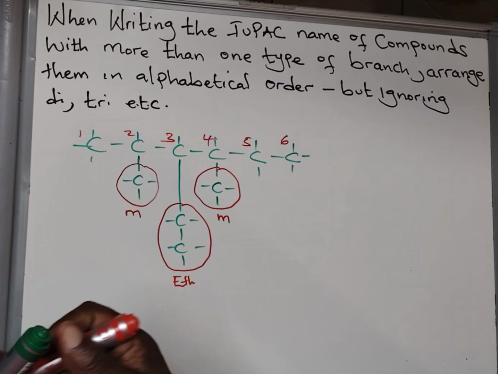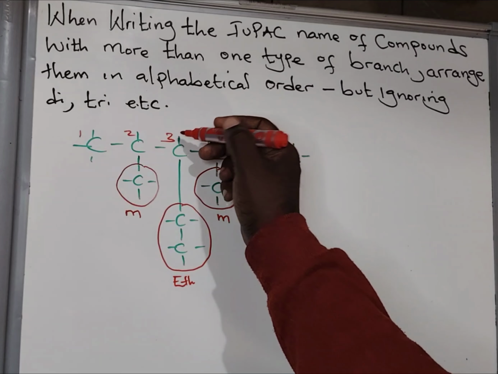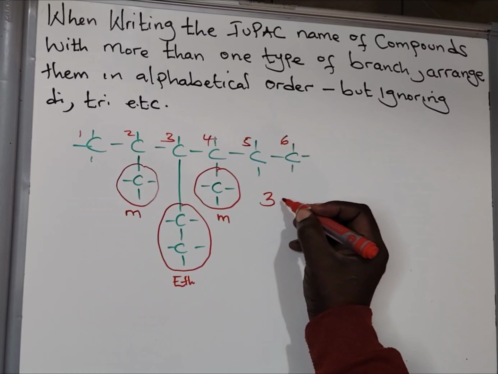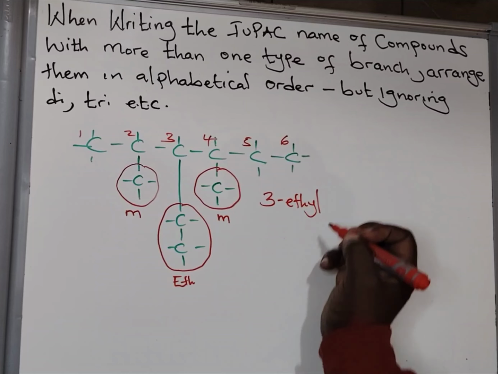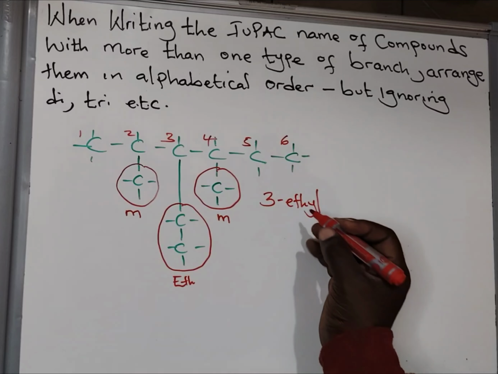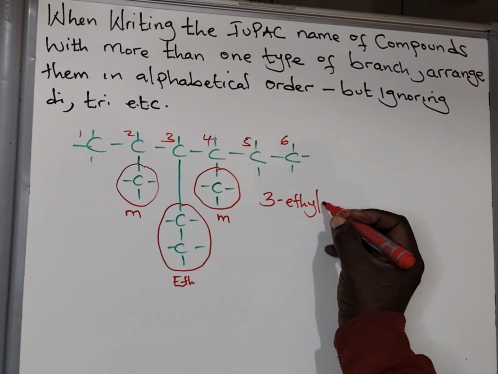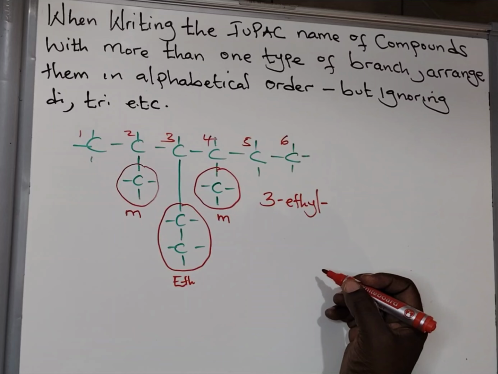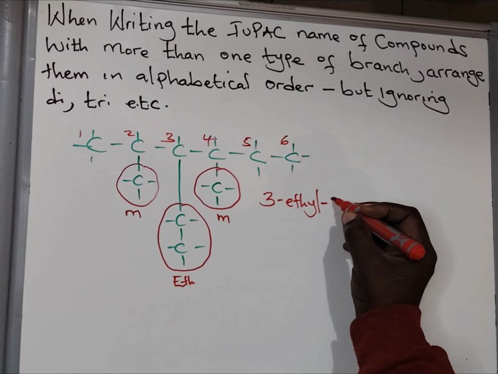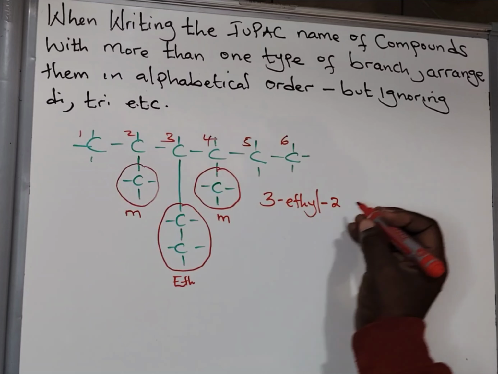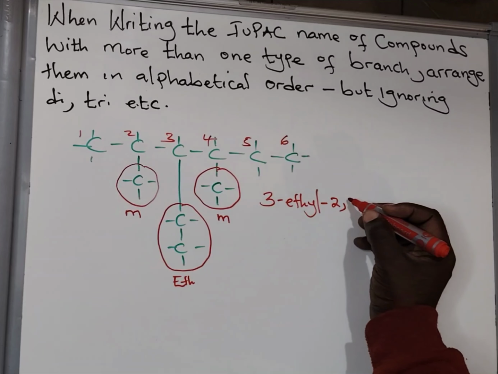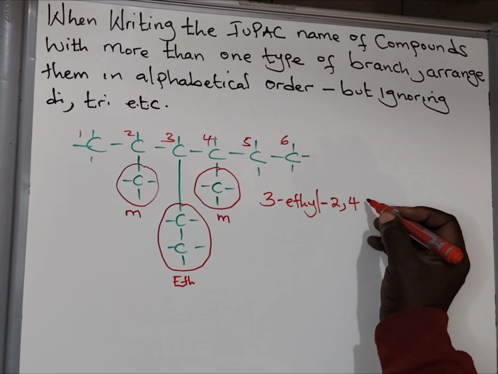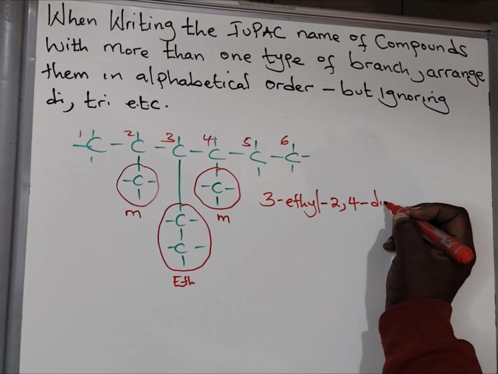So we put it first. And what are you going to say? We look at that 3 and we say 3-ethyl. Okay. Remember, when you're coming from a word to a number, we use a dash. So it's going to be 2, comma, because we are moving to another number, 4-dimethyl.